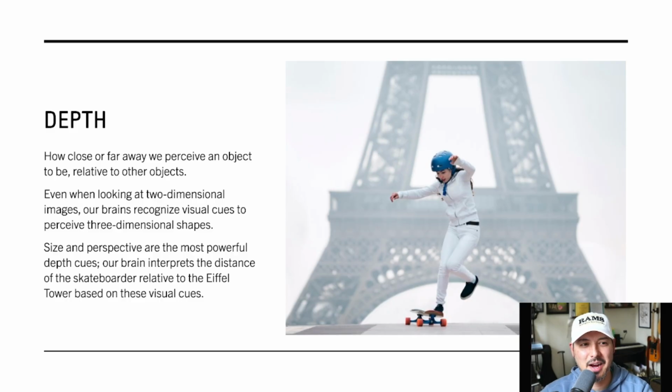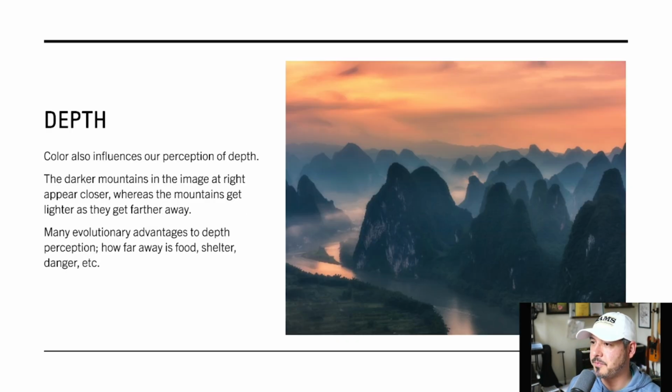You look at the Eiffel Tower and you can look at this two-dimensional image and you can recognize the visual cues that tell you she's closer. Why do you know she's closer? Well, because you know roughly the size of a human being. You assume, even if you've never seen the Eiffel Tower, that structure behind her is larger. And so therefore you use those cues to understand the depth, that she's much closer to you and that the Eiffel Tower is further away.